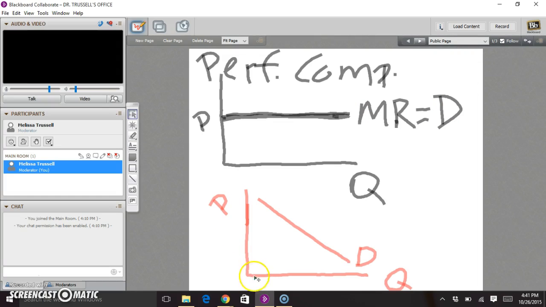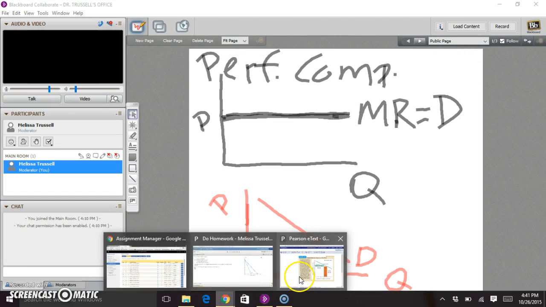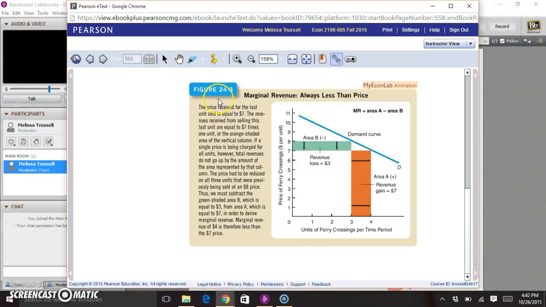So at this point, I want to pull up your textbook and talk through figure 24-3 on page 560, because I think they really show really well with this figure what happens with the marginal revenue for a monopolist. So this is an example of a ferry boat. So you're the only ferry that's crossing this particular waterway. So you have a monopoly over this waterway.